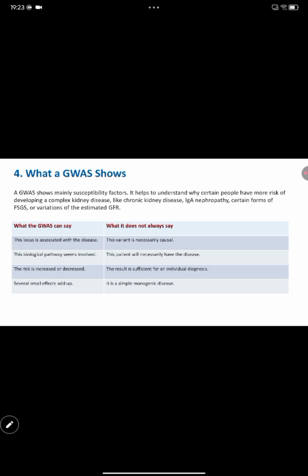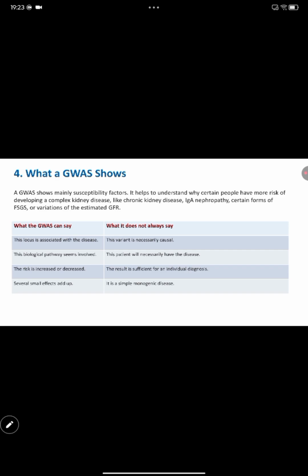However, it is important to understand what a GWAS can and cannot say. For example, it can tell us that a locus is associated with a disease, that a biological pathway seems involved, that a risk is increased or decreased, and that multiple small effects add up.